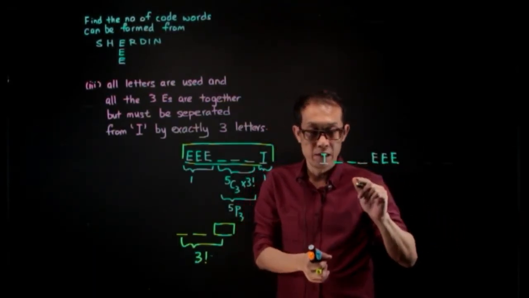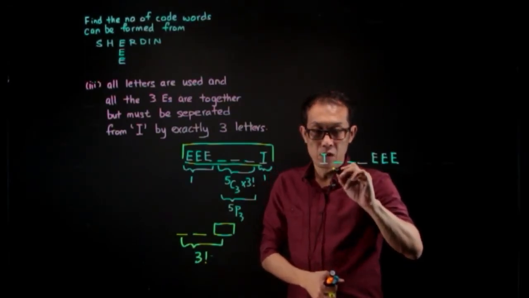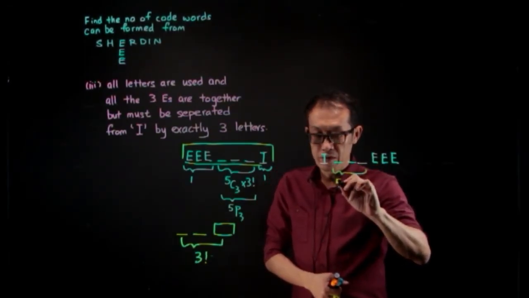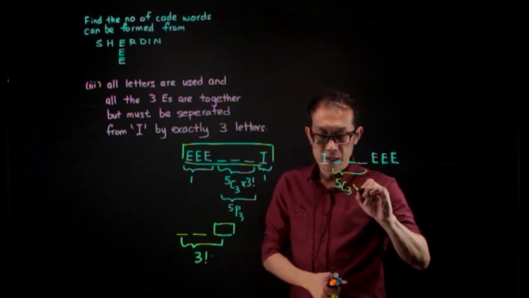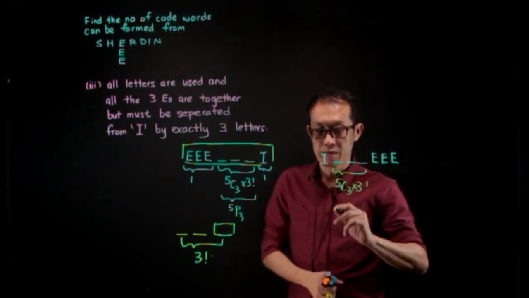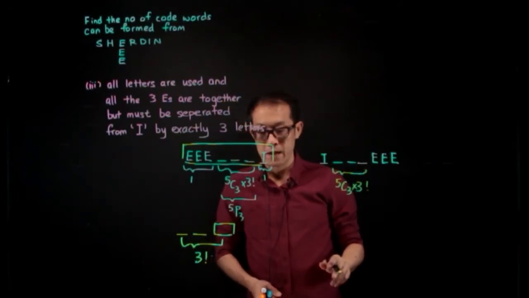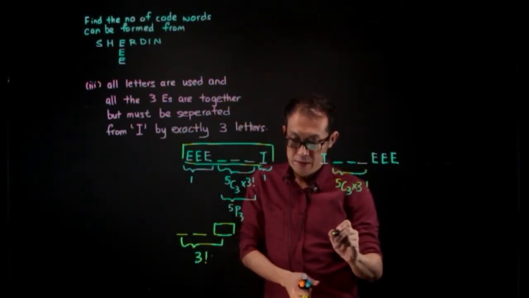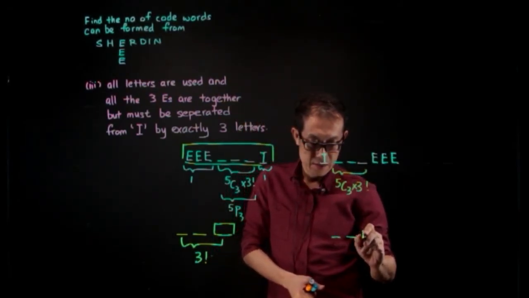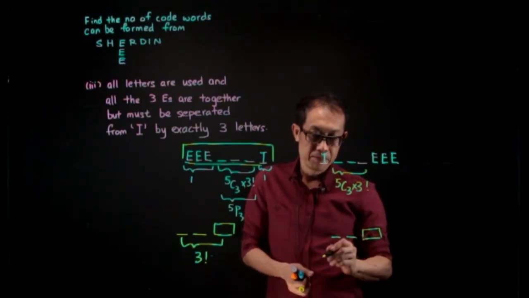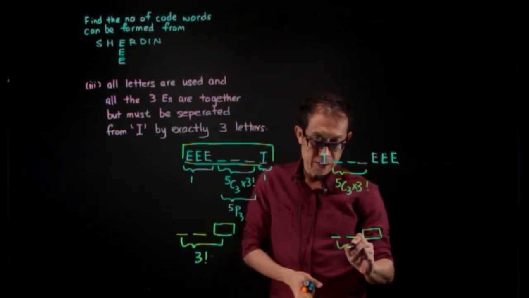So this will be the same thing. Over here you have 5C3 times 3 factorial. And then how many ways can you arrange this item? Again, you have 3 factorial here.